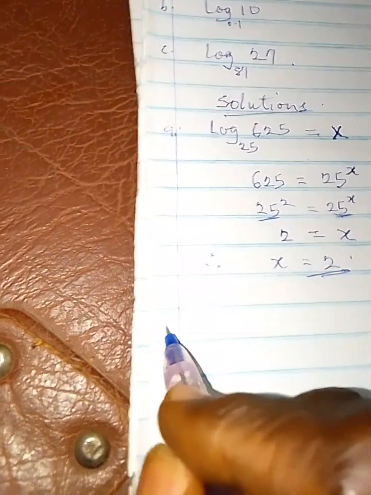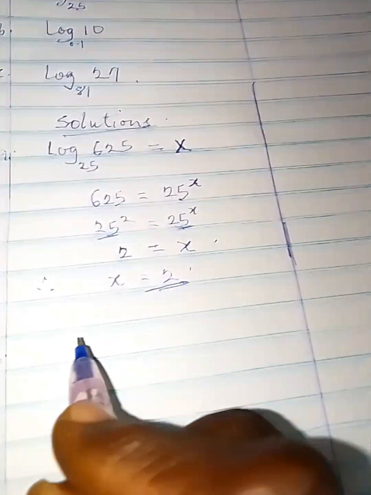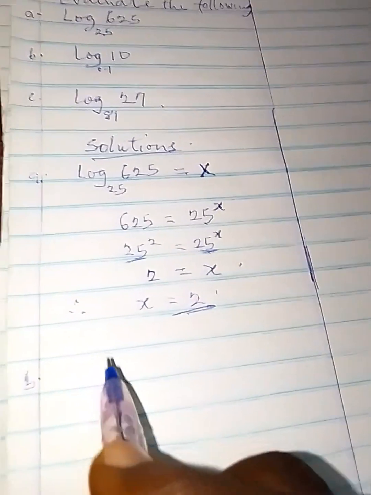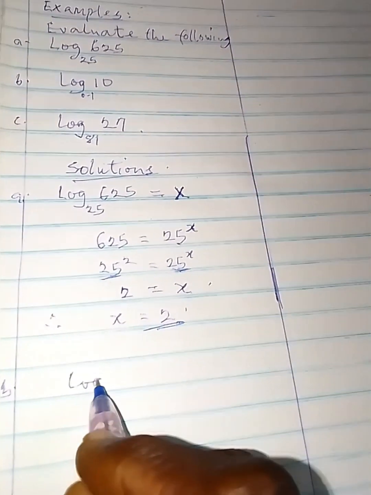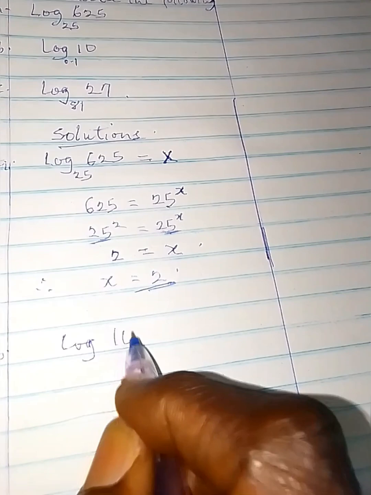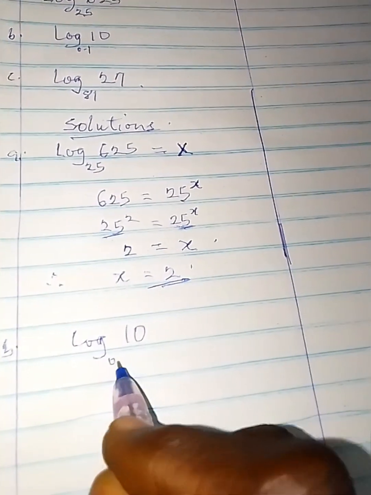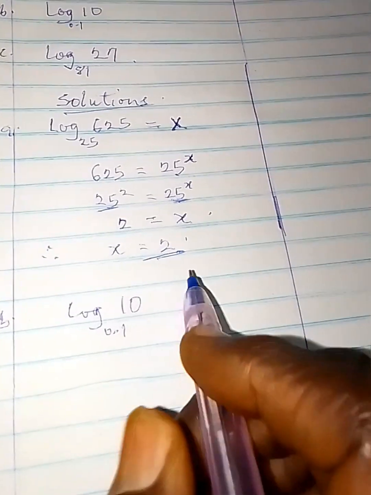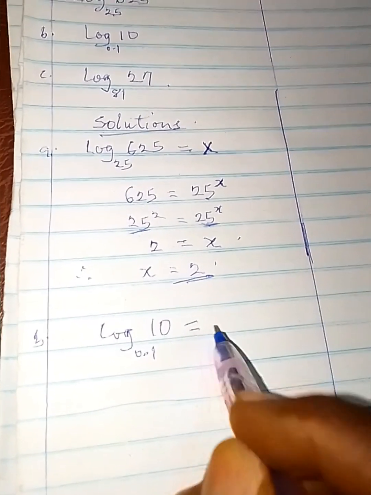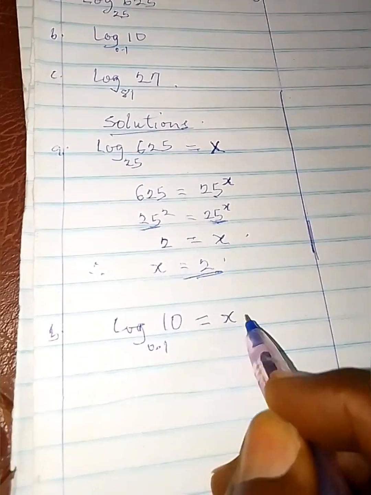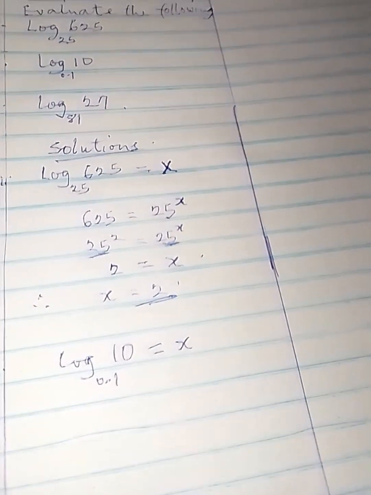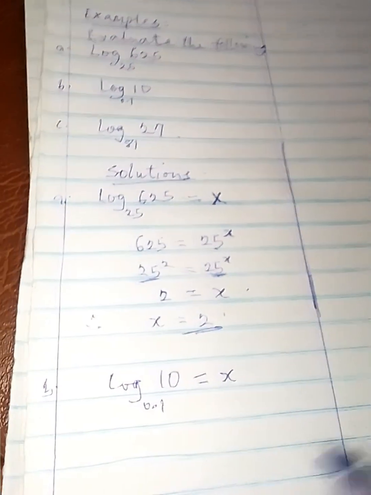Let's go to the second example, the B part. B says log 10 base 0.1. Here also you will equate it to x and apply the same formula.